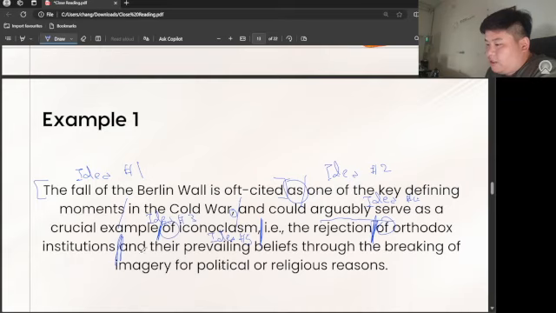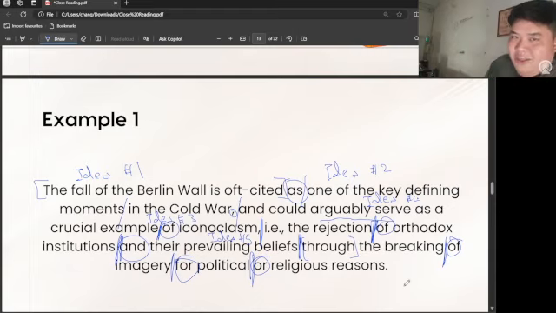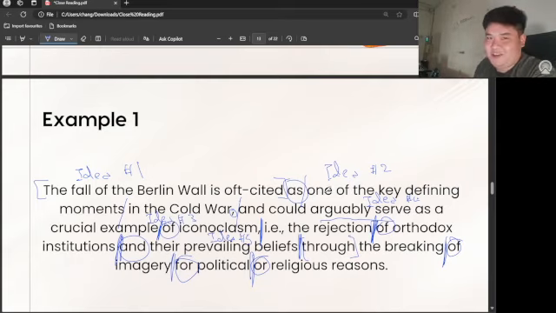So, preposition, conjunction, and their prevailing beliefs through, so this one is another conjunction here, the breaking preposition of imagery, preposition again, for political, conjunction, or religious reasons. So on and so forth. I'm not going to break this down in such minute detail because you all should know all these things.